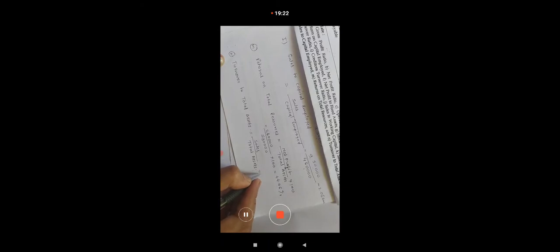Okay, so we have sales total amount 9,50,000 and total assets amount 5,90,000. When we calculate 9,50,000 upon 5,90,000, we get the answer 1.61 times, that means 1.61:1. This is the ratio of turnover to total assets.